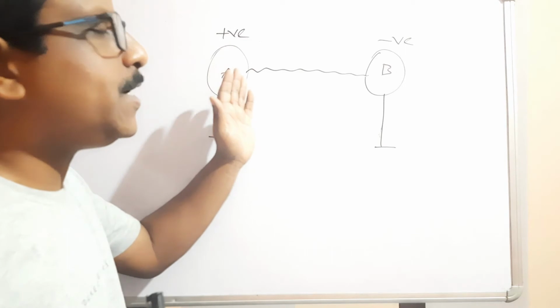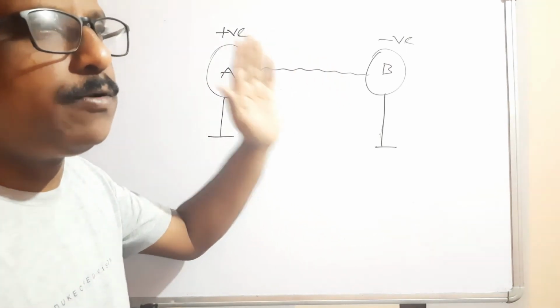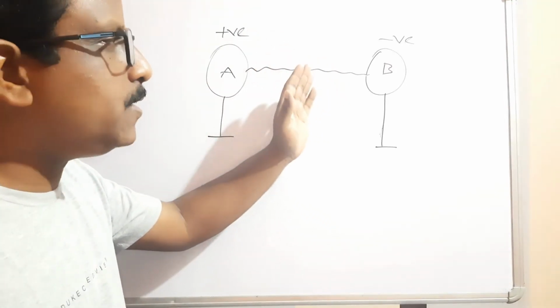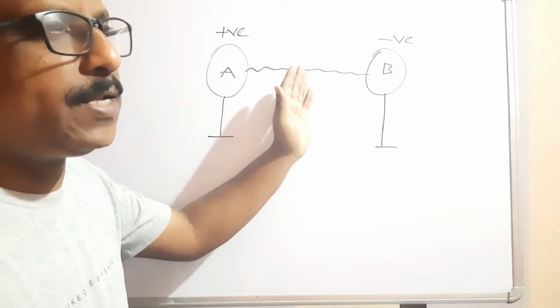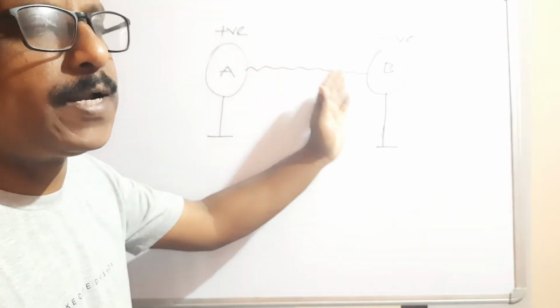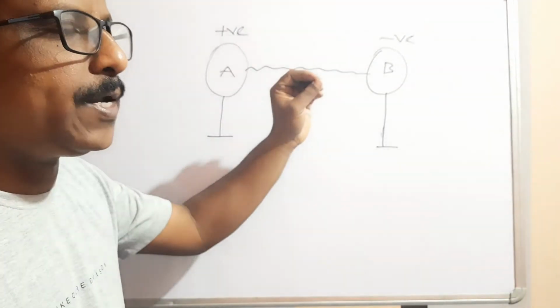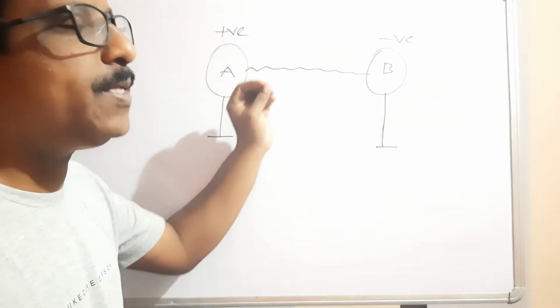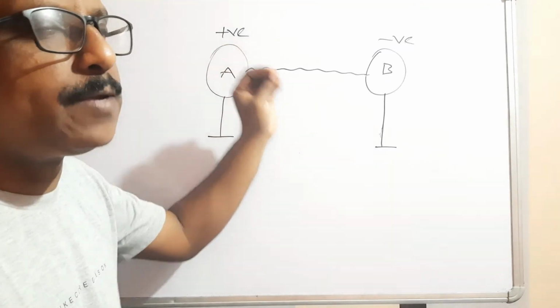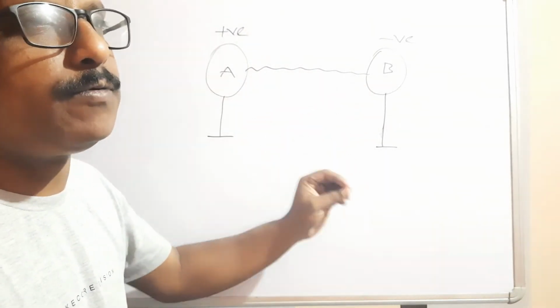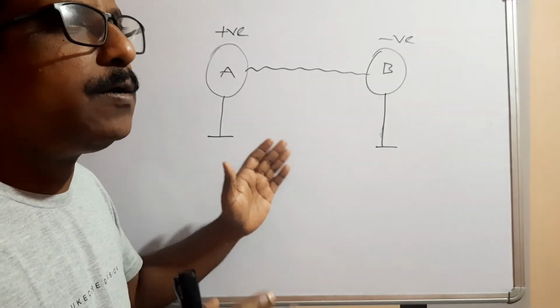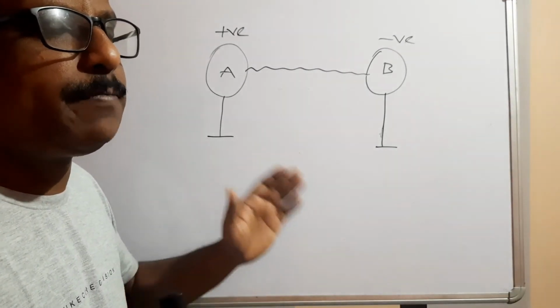One is at higher potential and another is at lower potential. When both come to the same potential, the flow of current stops. One must be at higher potential and one at lower potential, so that current flows. So this is the concept of potential difference.